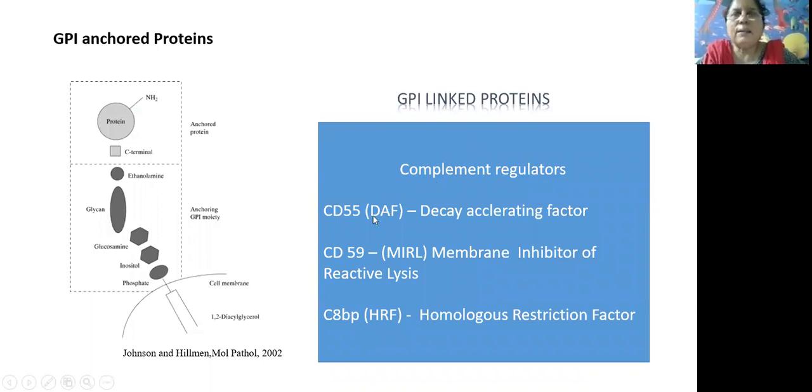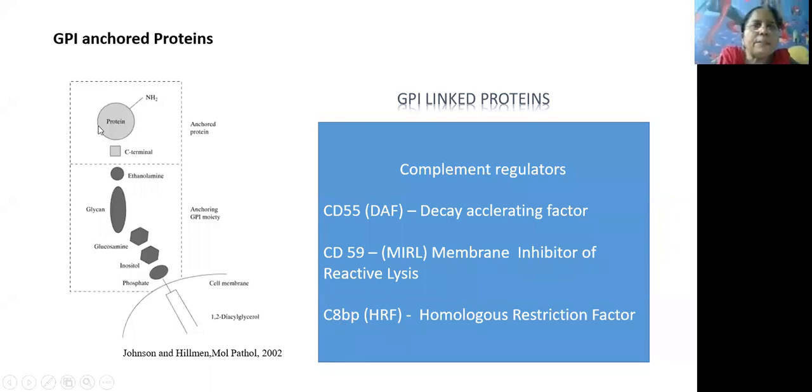See here, CD55 is decay accelerating factor. CD59 is the membrane inhibitor of reactive lysis, the other name. It inhibits lysis of the membrane. The decay accelerating factor makes the complement decay. Then C8b, complement 8 binding protein, the homologous restriction factor, is associated with complement 8.